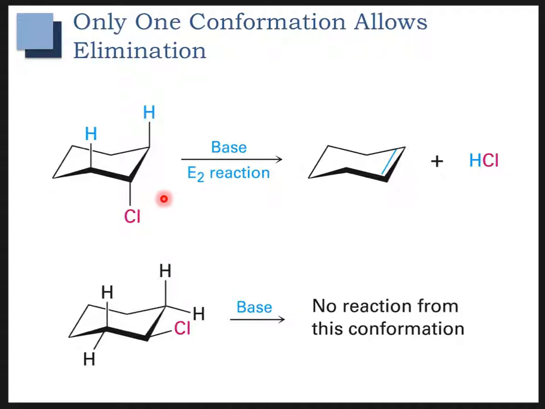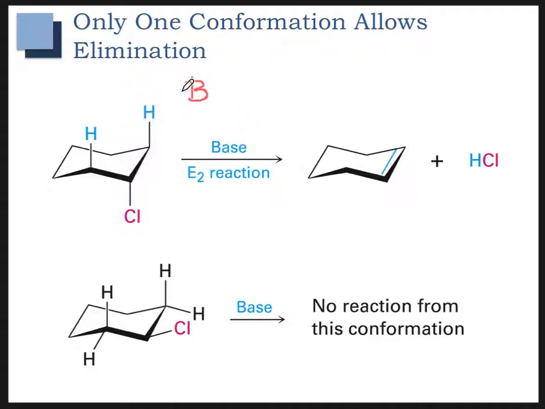If this molecule does a ring flip and the chlorine or the leaving group here is in the equatorial position, you cannot undergo E2. So this top conformation is the only chair conformation that undergoes the E2 reaction. And so you can see here that it leads to product. So your base can come in.